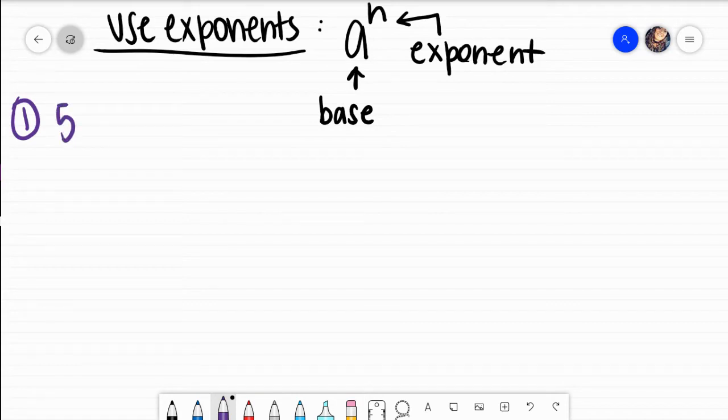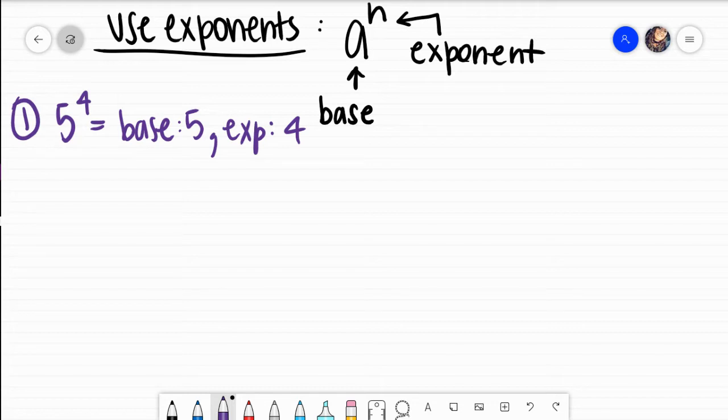Say we have the number 5, and you would say it's being raised to the 4th power. It's being raised to the exponent of 4. Here, our base is what? 5, that's right. And our exponent would be 4.